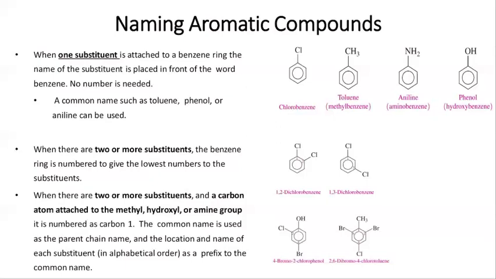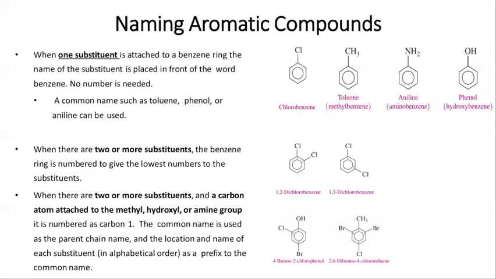In the category of one substituent, okay, when one substituent is attached to the benzene ring, all we're going to do, similar to what we did with the cyclic alkanes, is name the substituent and put the name of that substituent as a prefix of the word benzene.